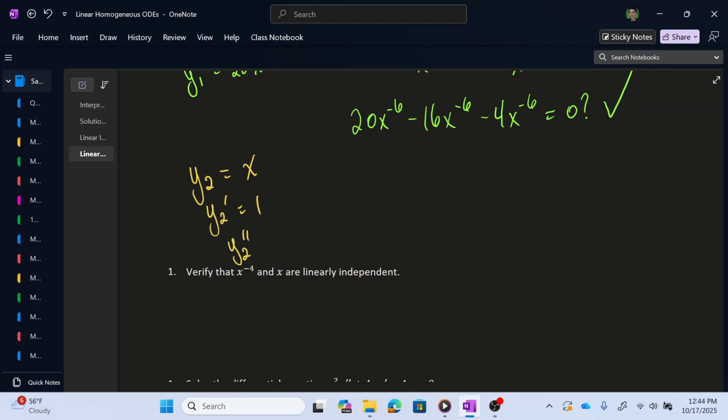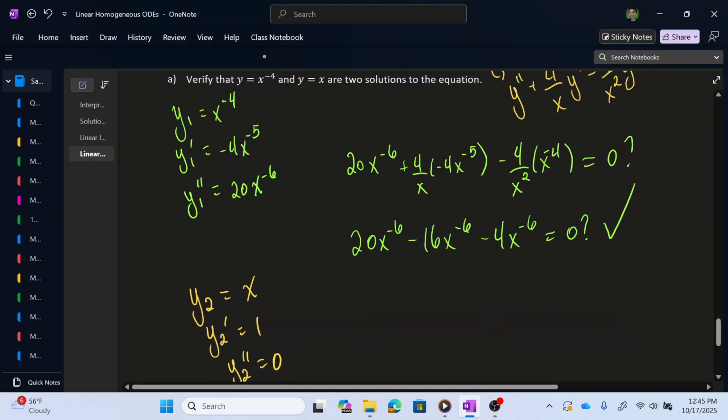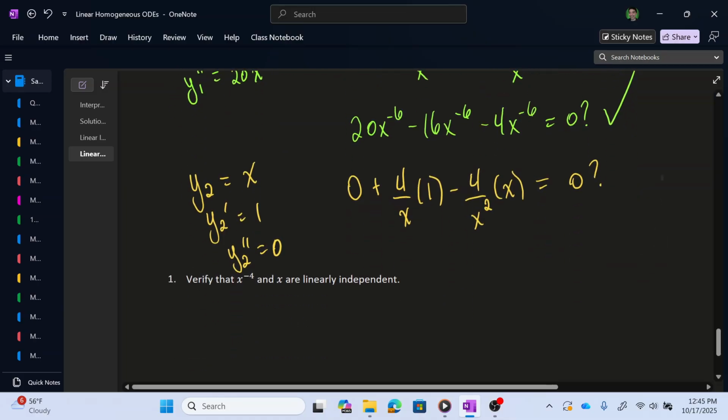I calculate its derivatives. First derivative is 1, second derivative is 0. And then I plug those results into my differential equation. So y double prime is 0. Then I get 4 over x times y single prime, which is 1. Then I get negative 4 over x squared times y original, which is x. Let's see if that equals 0 or not.